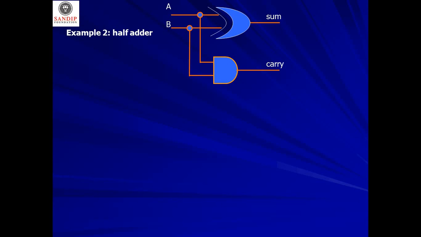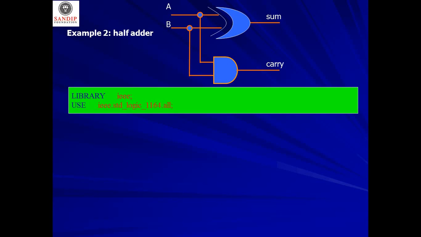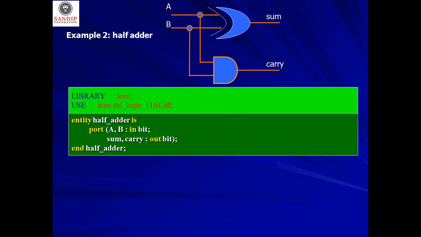Second example, half adder. While writing the code using data flow modeling style, you must know the logic circuit diagram or you must know the logical equation of the electronic circuit. Library IEEE semicolon. Use IEEE dot standard logic 1164.all.